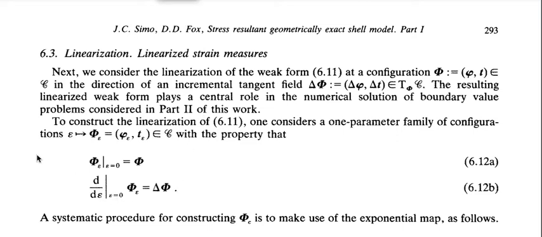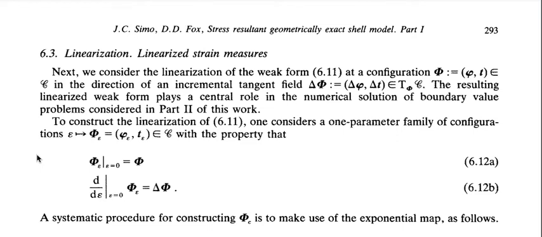Now in order to consider the linearization, an expression similar to a Taylor series kind of expansion, we need to consider a family of configurations which can be parameterized through a single parameter, in this case epsilon.